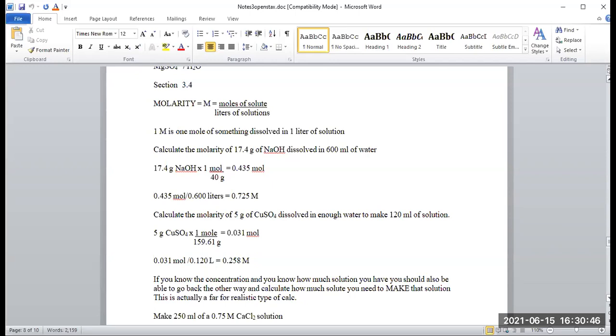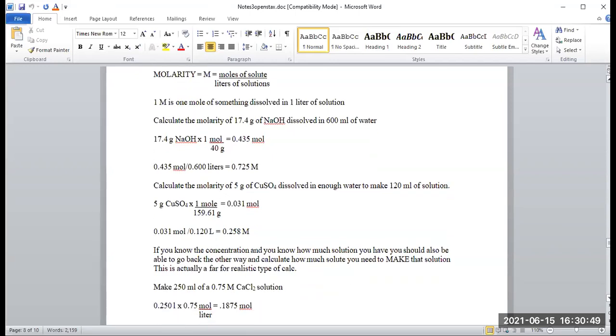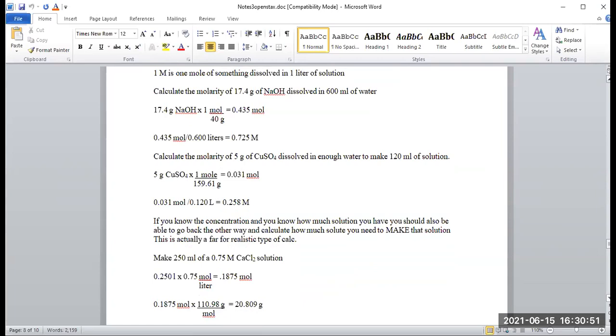And I briefly talked about some of these calculations last week, before the test weekend. So we have 2 different examples here. One involves sodium hydroxide, and I used 17.4 grams of sodium hydroxide. Note, it's not in 1 liter. It's in 600 mL. So my first step is my conversion that allows me to take grams and convert it over to moles.